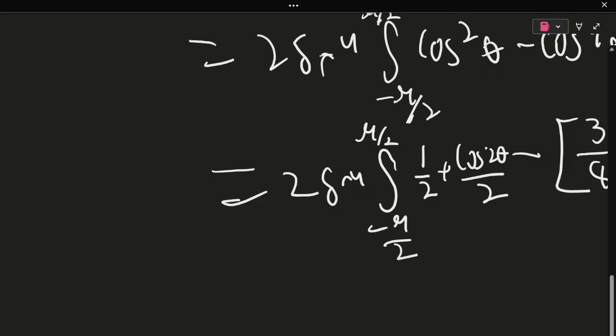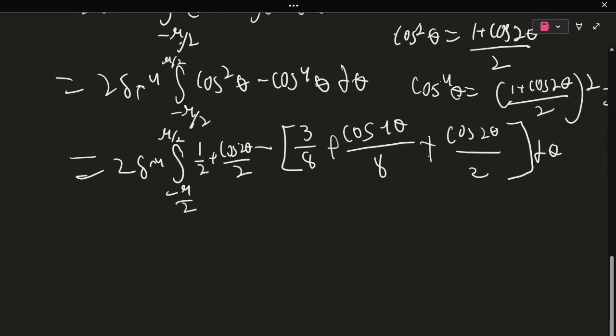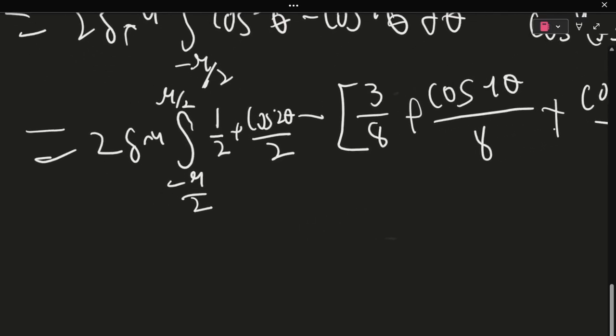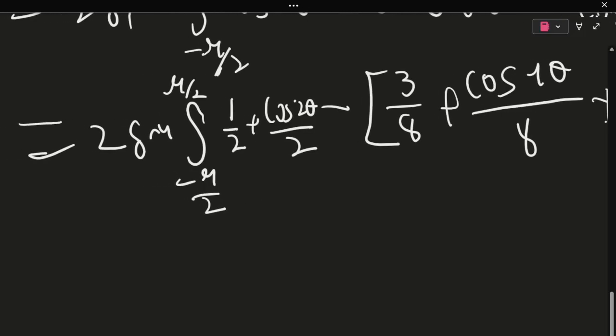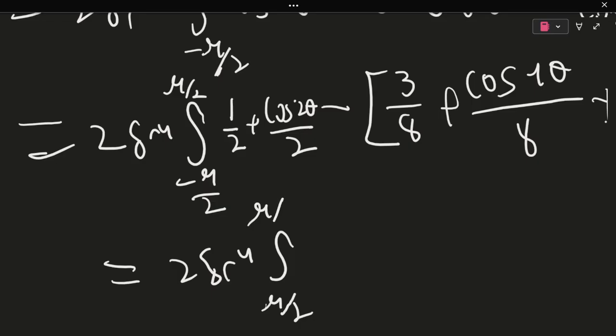Alrighty. And then now we can go ahead and combine our like terms. So we have 1/2 minus 3/8, which is 4/8 minus 3/8, is equal to 1/8.